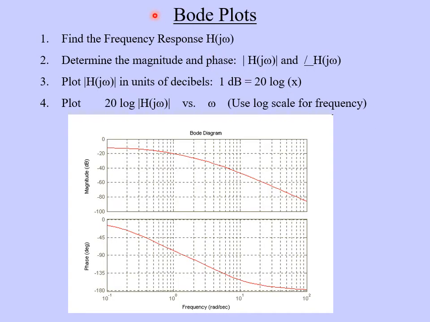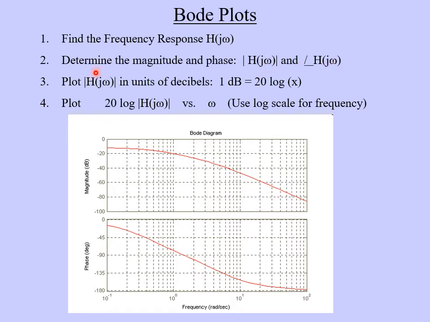So to construct a Bode plot, and we'll go through an example shortly here, the first thing you need to do is find the frequency response of the system or the filter. And then you're going to determine the magnitude and phase using the normal methods of finding the magnitude of a complex function and the phase of a complex function.